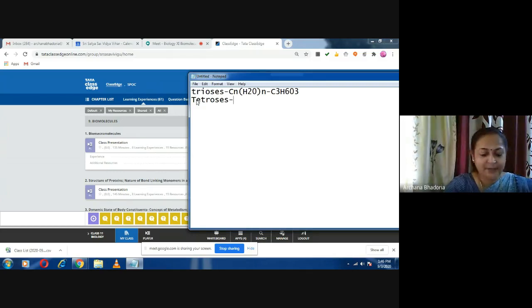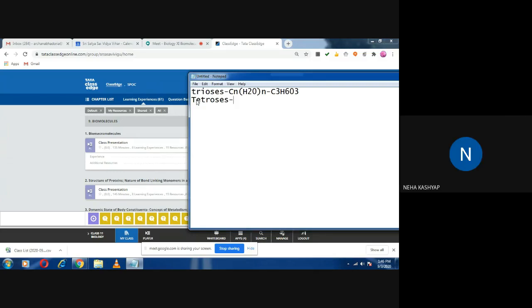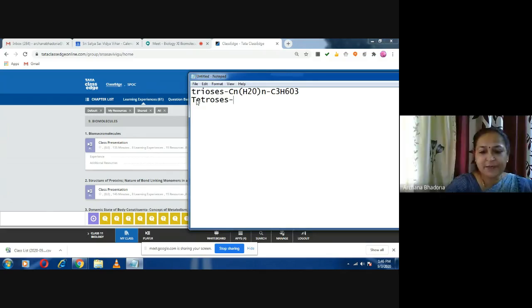Neha, what do we write? Tell me quickly. Subscript. Yes, we write the subscript, so how will the formula come? C3H6O3. Okay, and then tetroses.